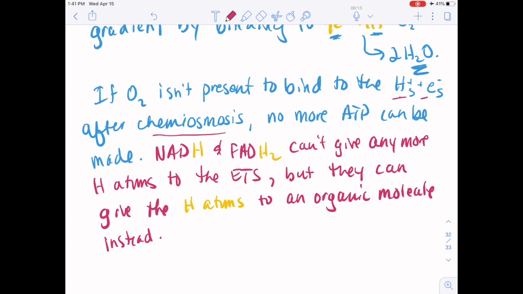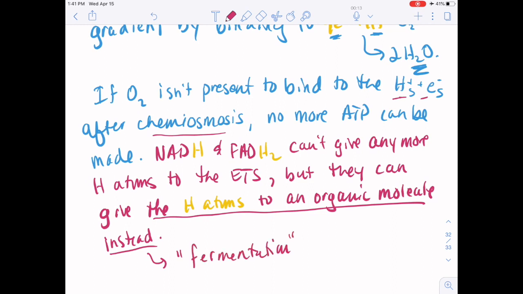And the definition of giving hydrogen atoms to an organic molecule instead, this is fermentation. Your cells can ferment if they're out of oxygen very briefly.